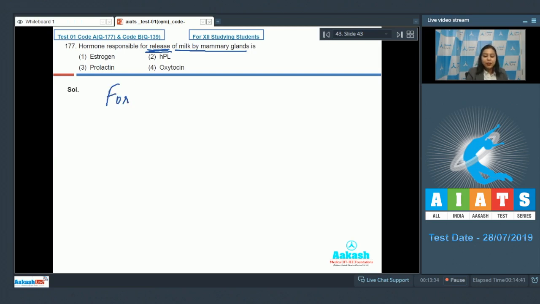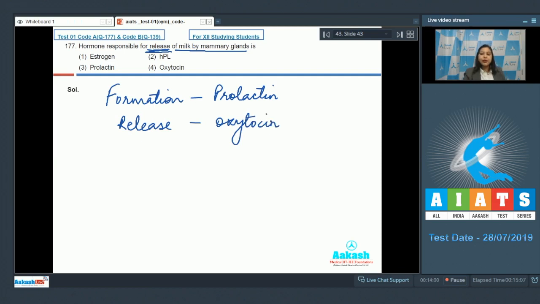One is the formation of milk, which occurs because of influence of prolactin, whereas release of milk always occurs because of the action of oxytocin, which is going to act on myoepithelial cells present in mammary glands and cause contraction of the myoepithelial cells, which will assist in the release of milk. So clearly, for the release of milk, we have our option, which is oxytocin, which is option number 4. So answer is option number 4, that is oxytocin.